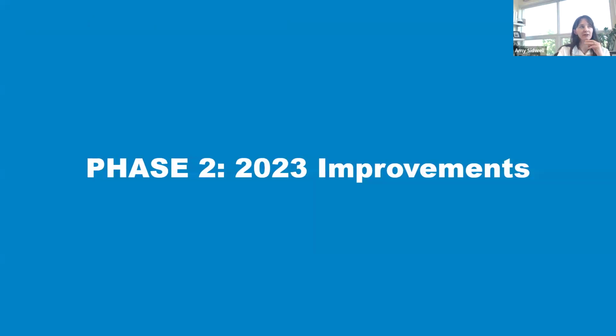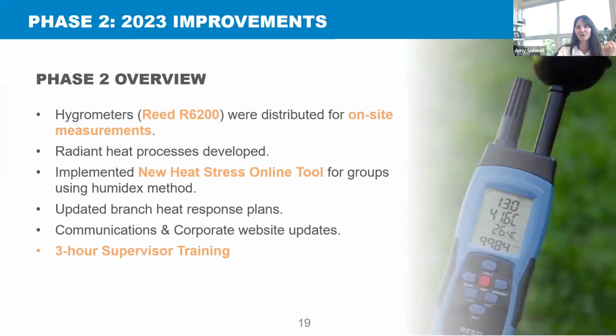So for 2023, we implemented some new improvements to help with that. We got our hygrometers, which was fantastic. They can be used for both the humidex method or the wet bulb globe temperature method, so we have the same device for each. We did develop our processes for our radiant heat groups.